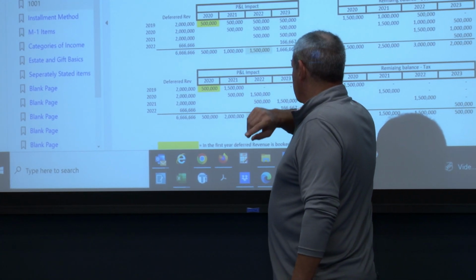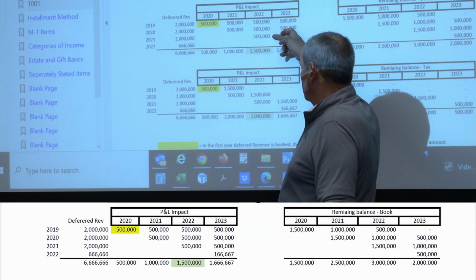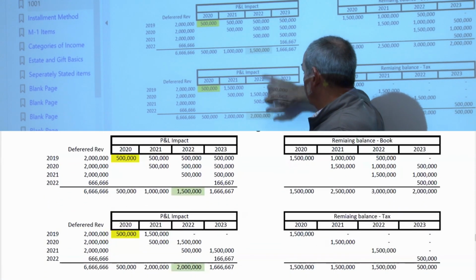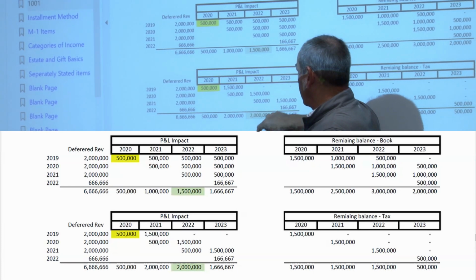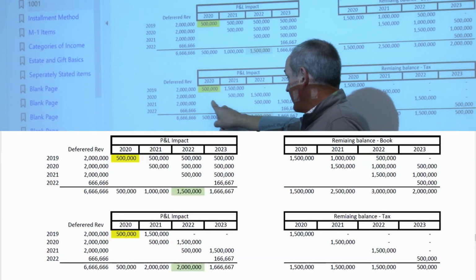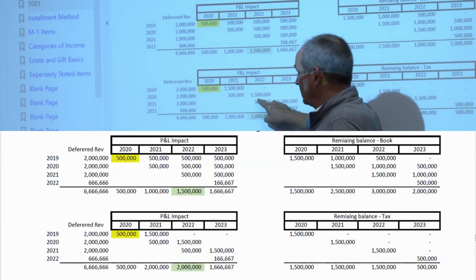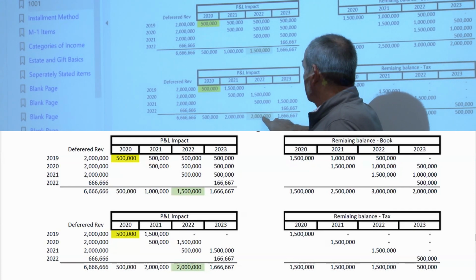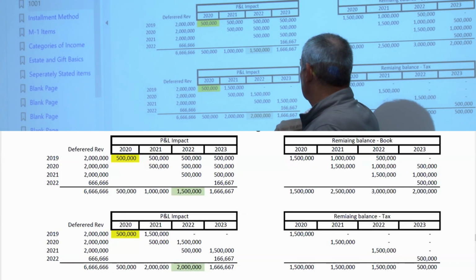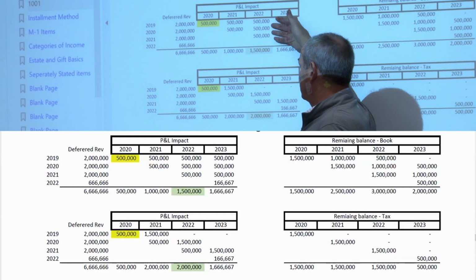Okay? So for GAAP in 2021, we're recognizing the 500 and 500, right? For tax, we have to recognize the remaining amount from the previous year of $1.5 million. So for tax, I got $2 million of recognition for tax purposes. For GAAP, I have 3 tranches that are being run out for $1.5 million.